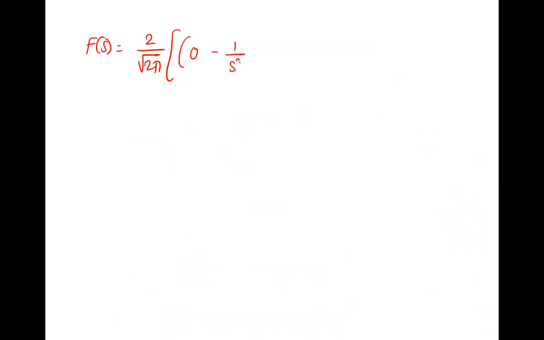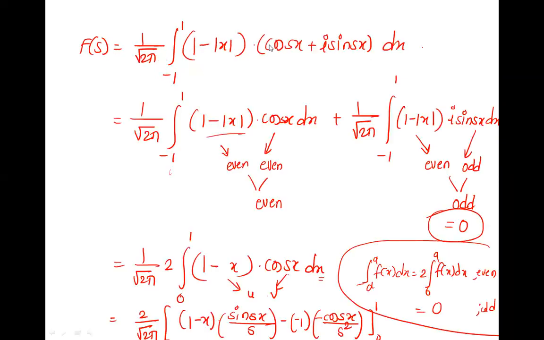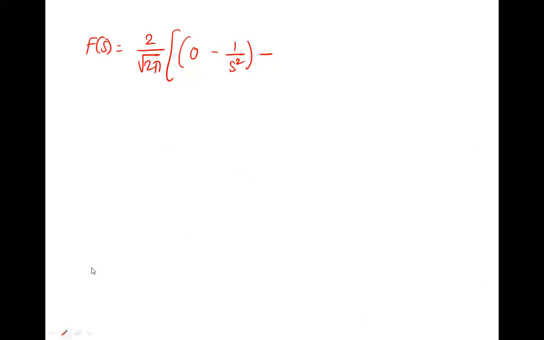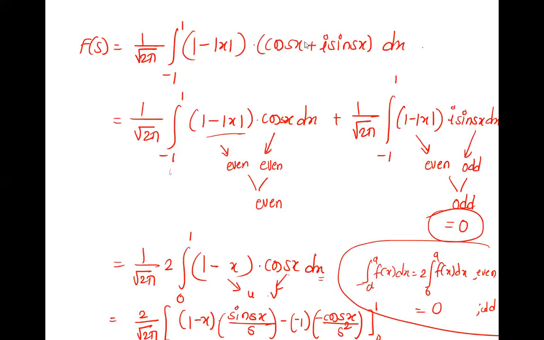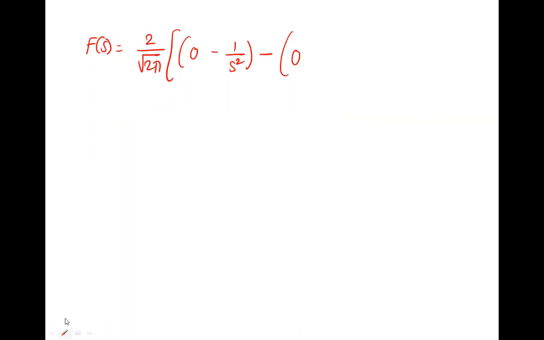Then the negative sign and the lower limit, which is 0. If x is 0, sine 0 is 0, and 0 into anything is 0, so it is 0 here. And cos 0 is 1, 1 upon s square, three negatives, so minus 1 upon s square.